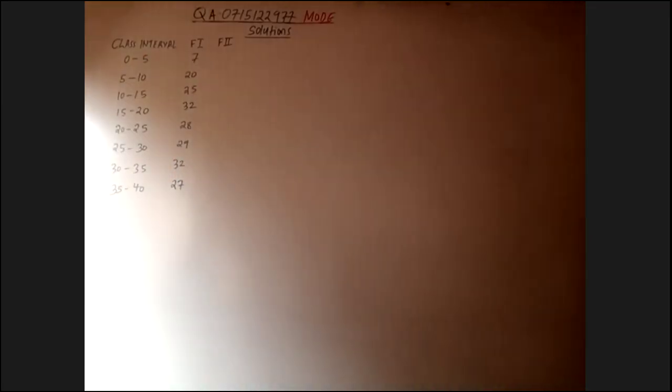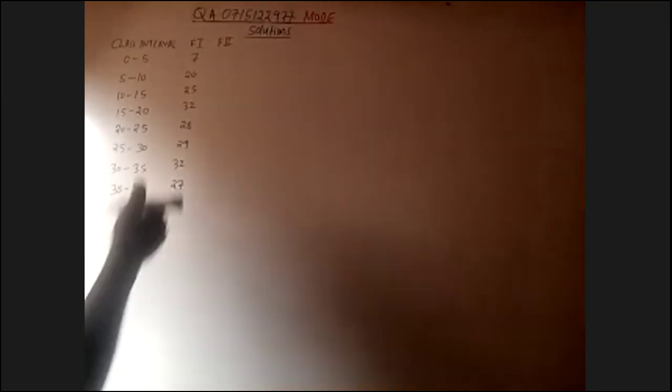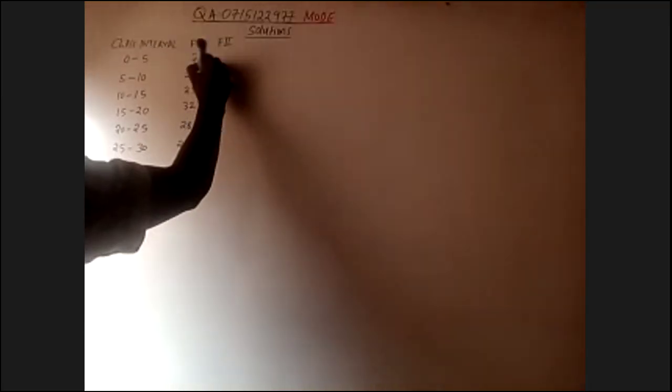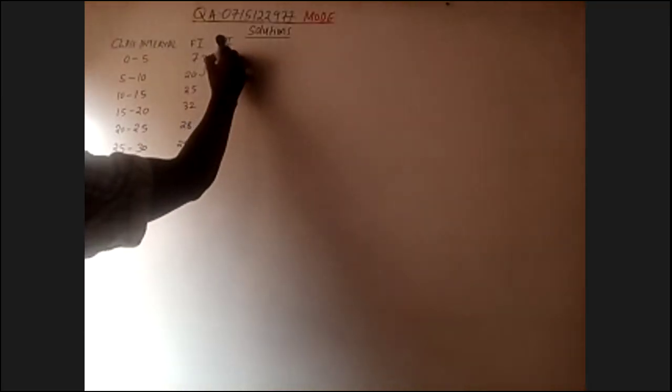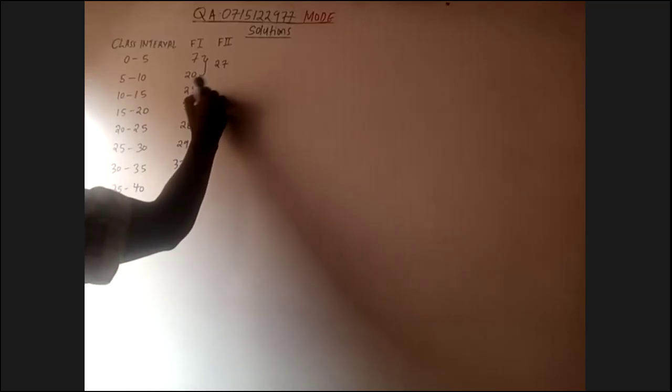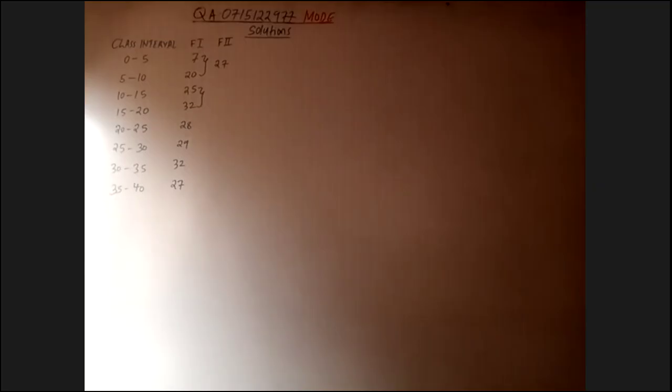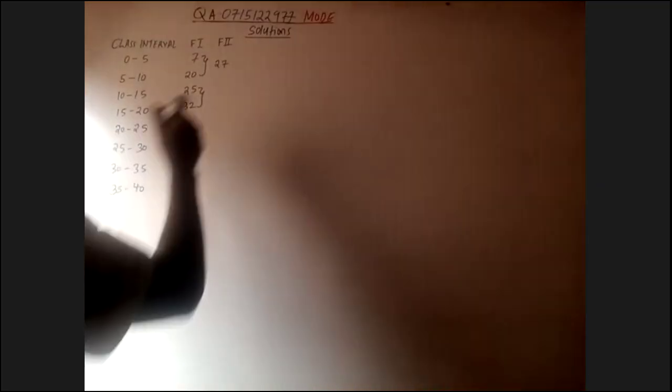Tuanze na ya kwanza. 7 plus 20, 27. 27 unaweka katikati yao. Haya, 25 plus 32, 57.